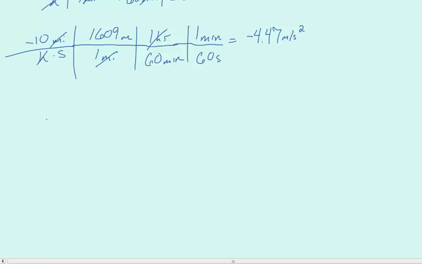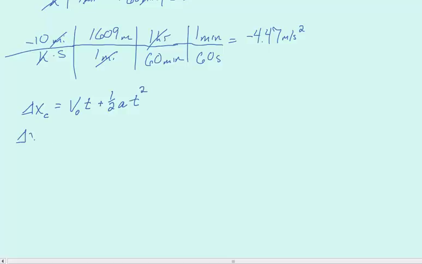So we see that our plane coasts for 1 second before applying the brakes. During this 1 second, our change in displacement will be different while it's coasting than when it's braking. So first we must solve for our displacement when the plane is coasting. We have an equation where our change in displacement is equal to our initial velocity multiplied by time plus 1/2 our acceleration multiplied by our time squared.